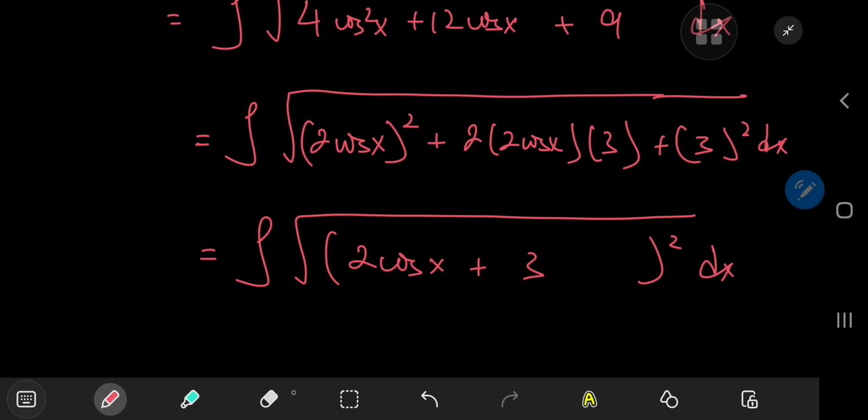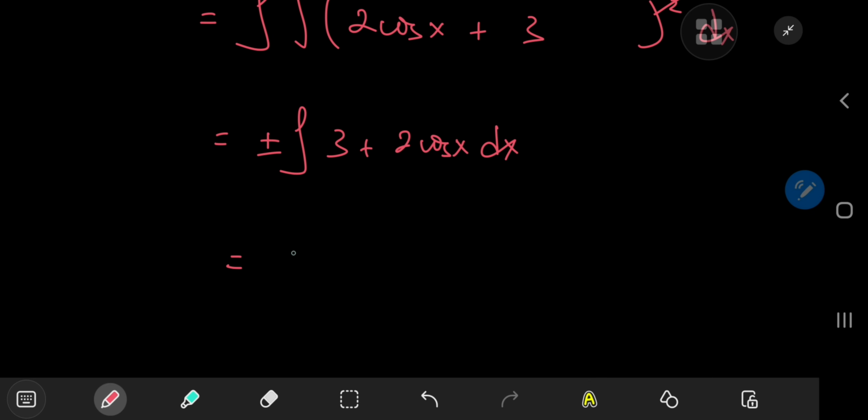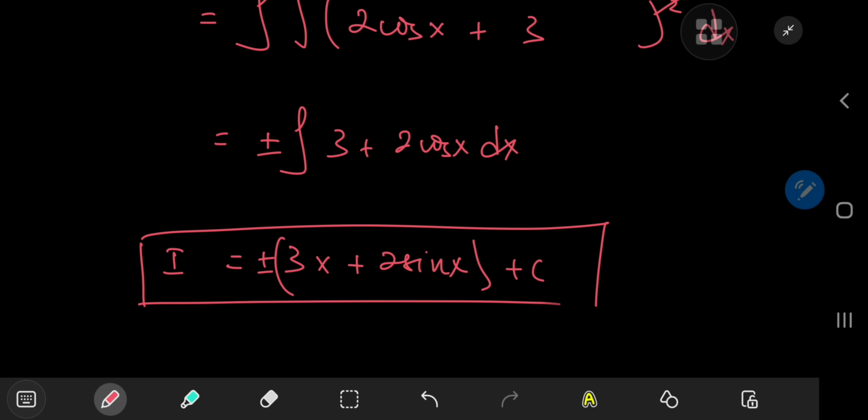And the square root cancels out pretty nicely, and we're left with the positive or negative integral of 3 plus 2 times the cosine of x dx, which evaluates to 3x plus or minus, that is 3x plus 2 times sine x, plus a constant of integration c, and that wraps up problem 1.